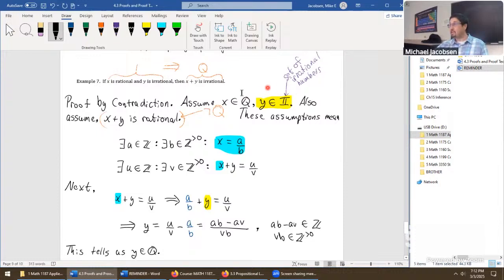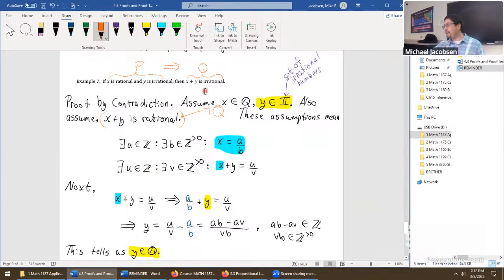And the partition means you take the union of both of these sets, it's the entire real number system, and they do not overlap. If we said y is an irrational number, which was reasonable, that's an assumption, but then we did some logic and said y is a rational number, at the same time it's irrational, that's a contradiction right there.